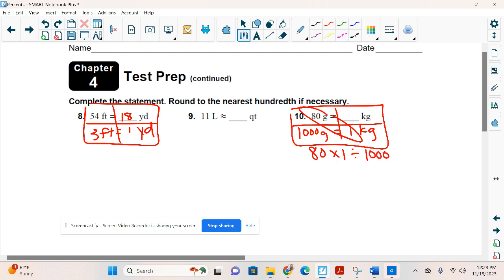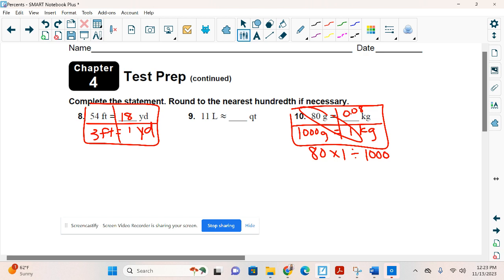Y'all are doing 1,000 divided by 80. There's a reason why I tell you to put it in the box and then put it in one line on the calculator, so that everything stays in the order that it needs to be. Put it in a ratio box.